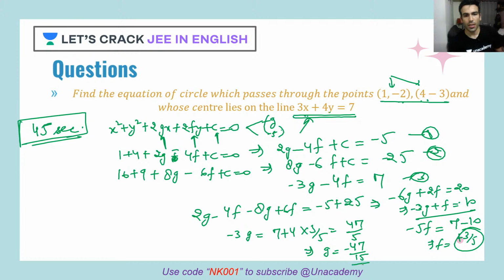So these are my coordinates of the center, and using that I can easily calculate my radius. What will be my radius? You just need to put g and f here. You can calculate c. When you do that, what do you see? Twice of g will be minus 94 by 15.